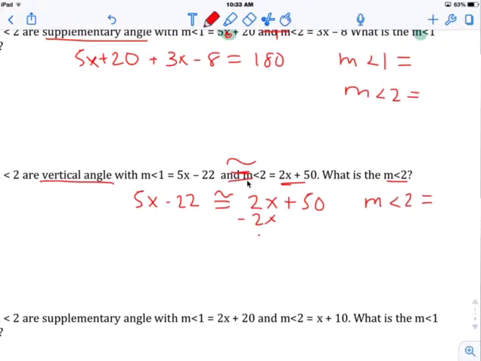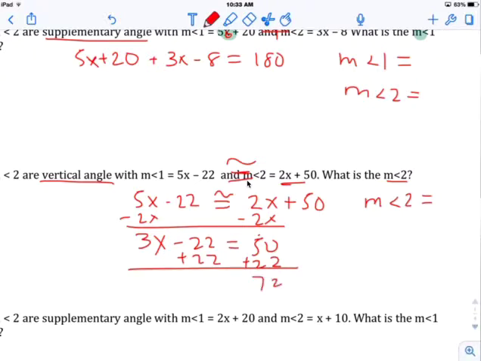Minus 2x on both sides, you get 3x minus 22 equals 50. Add 22, you get 72 equals 3x. Divide by 3, x is equal to 24.